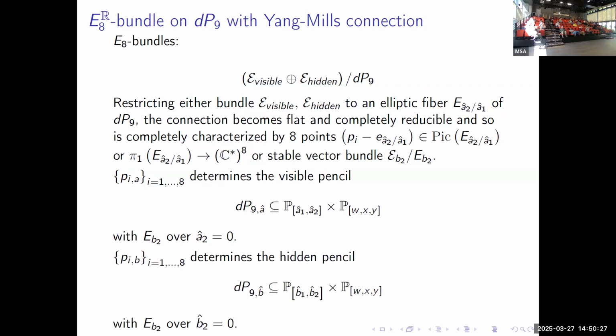And you do that for both of two dP9s. You take two dP9s that share one fiber, and you get 8 points on an elliptic curve. It's the same thing as 8 flat line bundles on the elliptic curve.